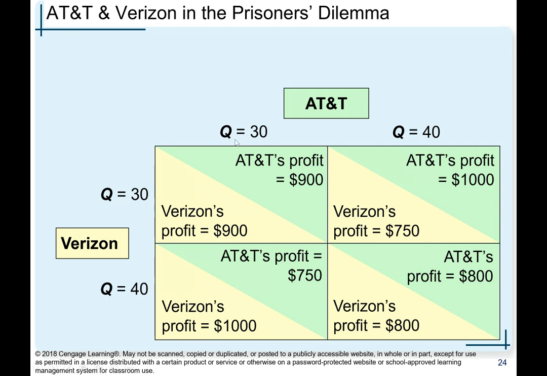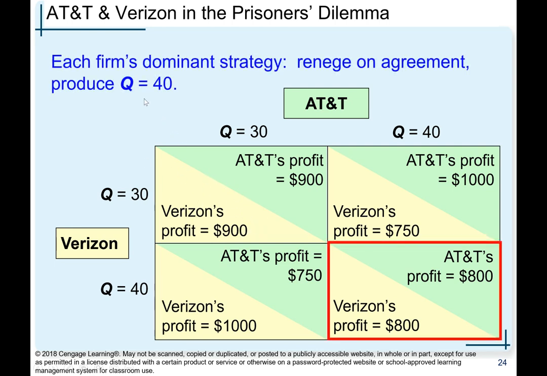If they agree on 30 customers, their profit is in this rectangle, $900 each. But each firm's dominant strategy is to renege on the agreement and produce 40, and this is the most likely outcome. This is the dominant strategy.